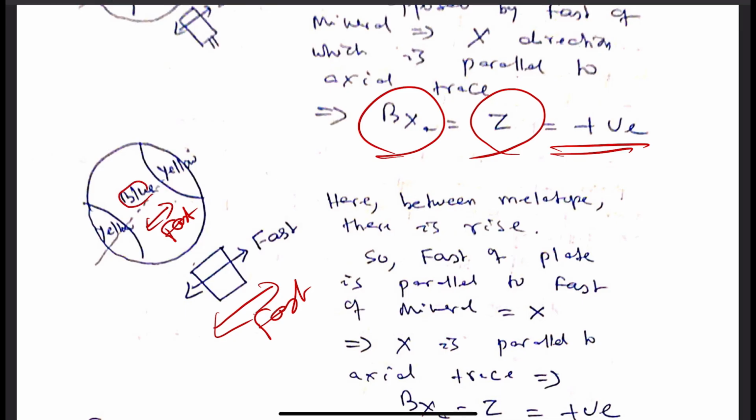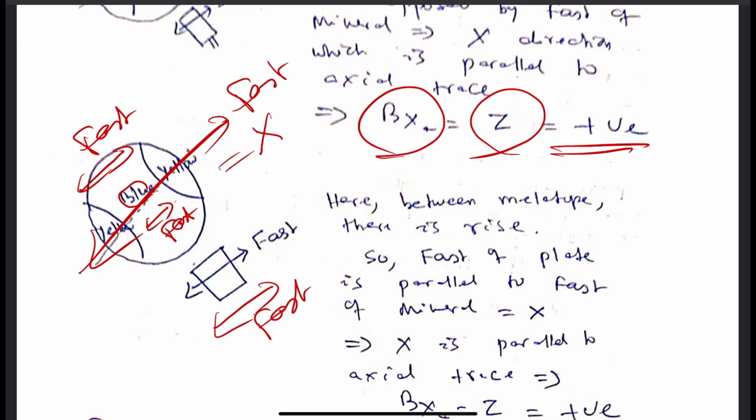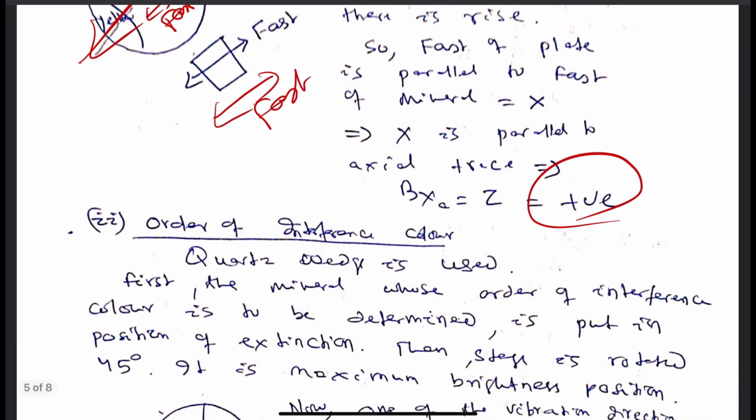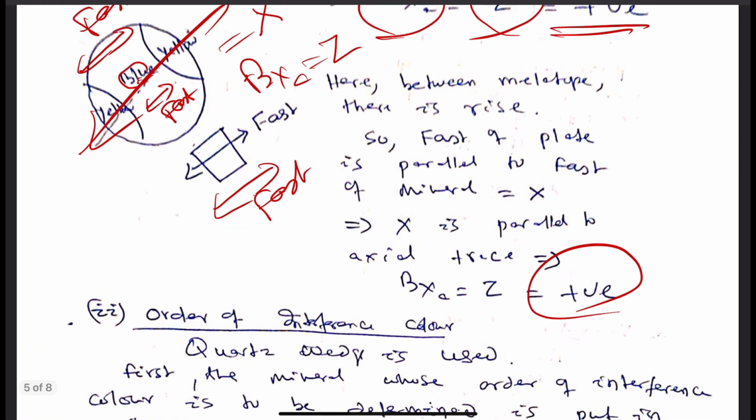So the mineral, this direction will be fast. Fast there will rise. That means it is X. So perpendicular to it will be BXA. This will be Z, which is positive. Very easy to identify.